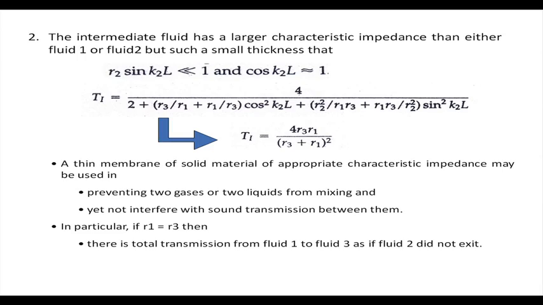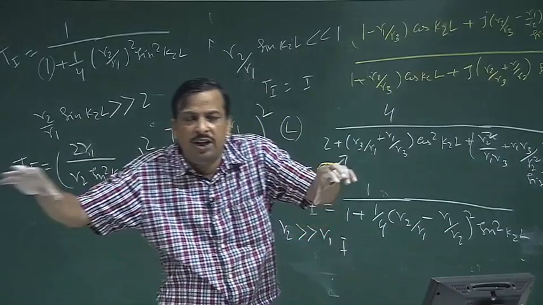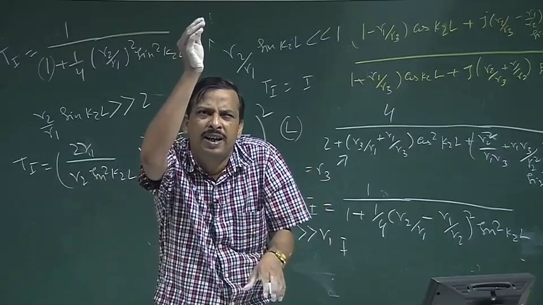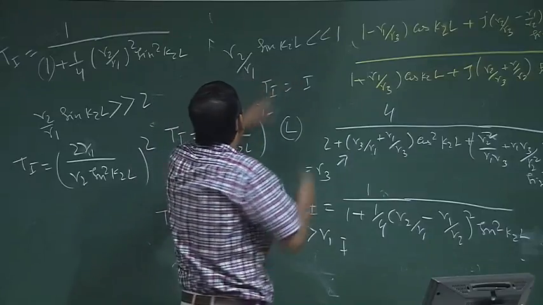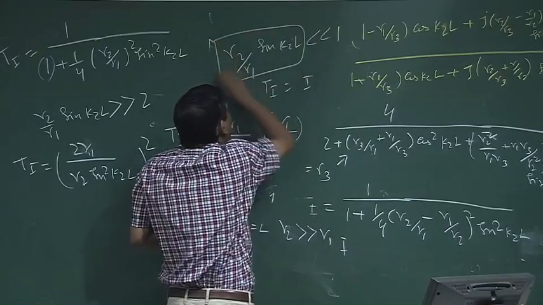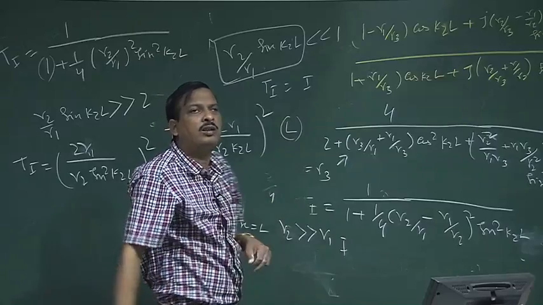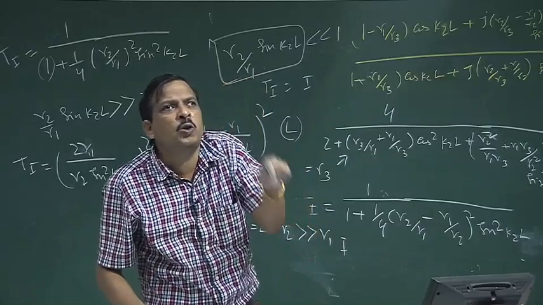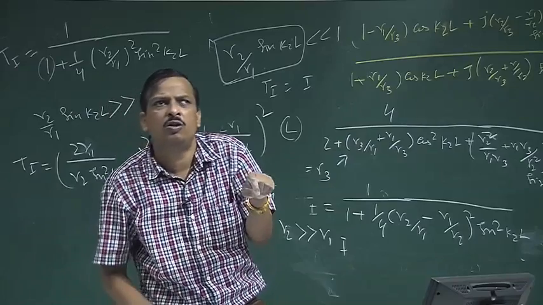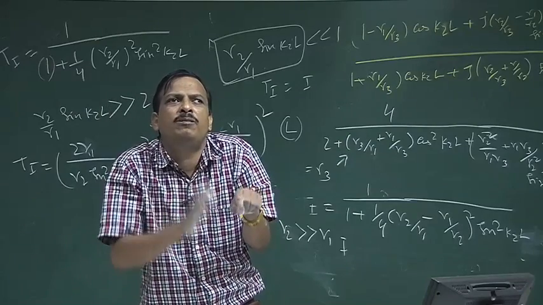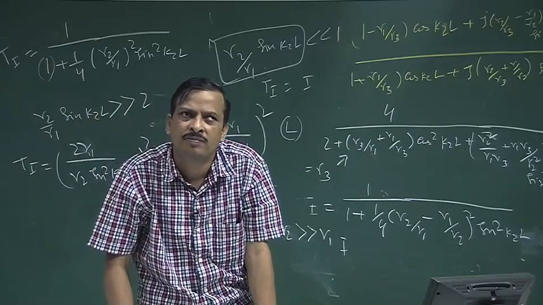So, think about it practically. There are two fluids separated by a very thin membrane, where L is so low that R2 by R1 sin K2L is much less than 1. Then the sound produced in one fluid will be completely transmitted to the next fluid. So, the separation does not affect the sound transmission.